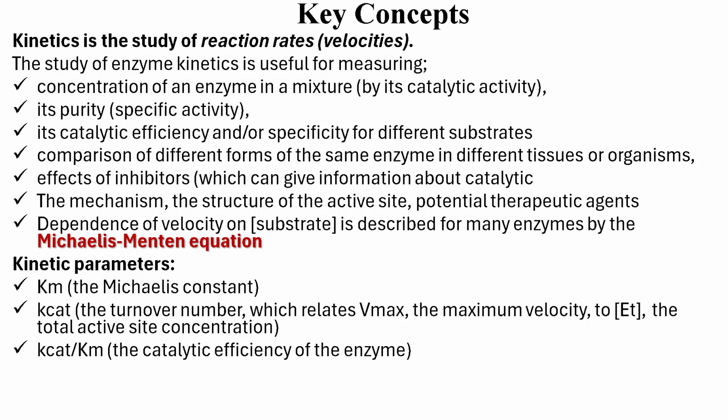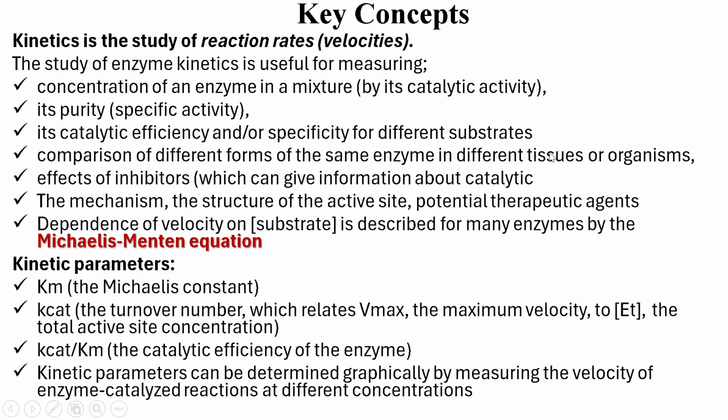So whenever I'm saying total enzyme active site concentration, I'm still referring to total enzyme concentration. Now, another kinetic parameter is the ratio between Kcat and Km. This ratio will enable us to determine the kinetic efficiency of the enzyme.